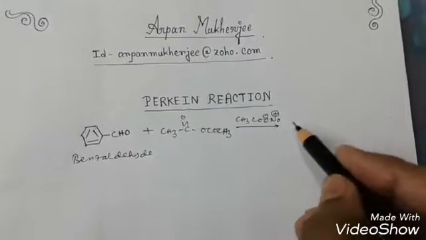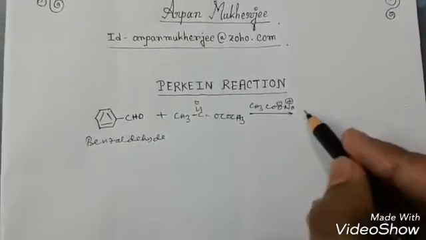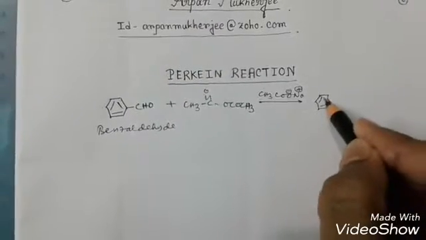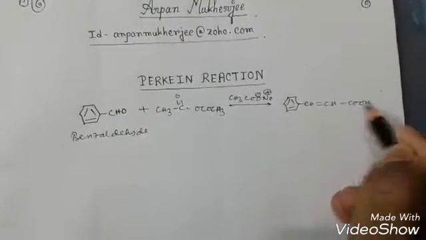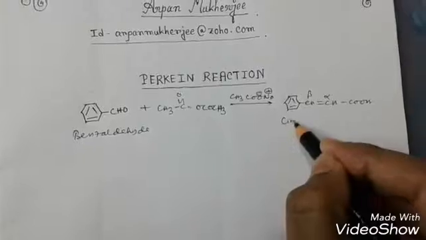You just need a salt of the corresponding acid of the anhydride. And the product is an alpha beta unsaturated acid. It is called cinnamic acid.